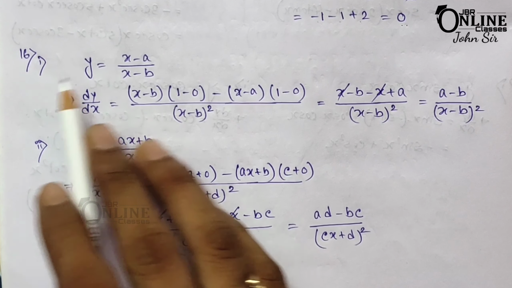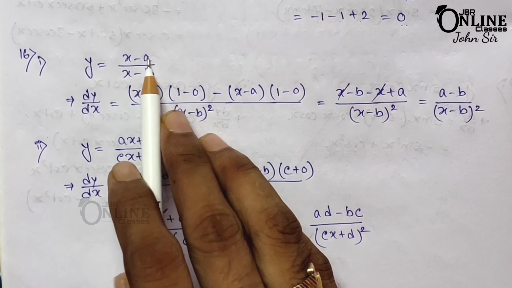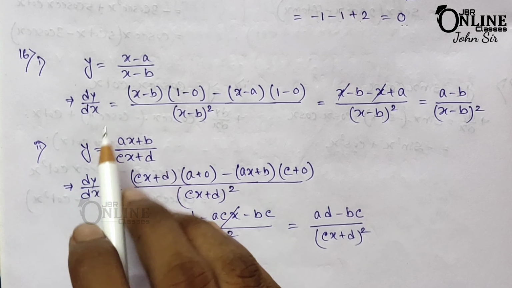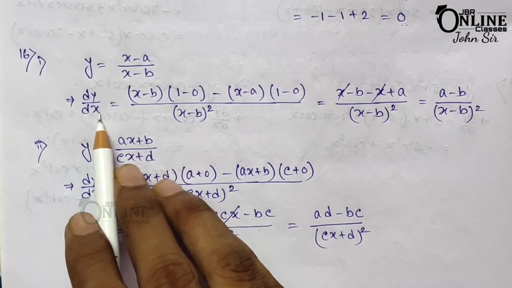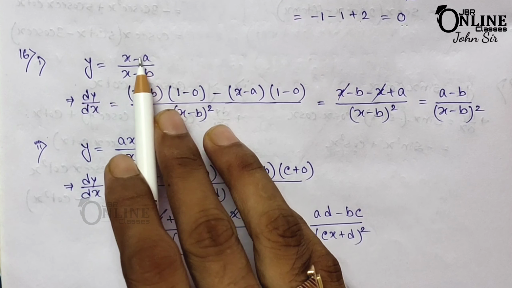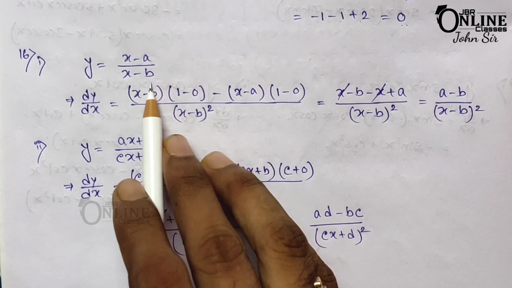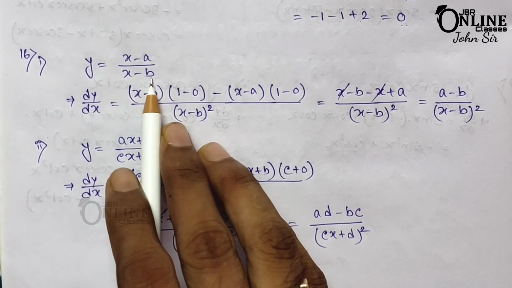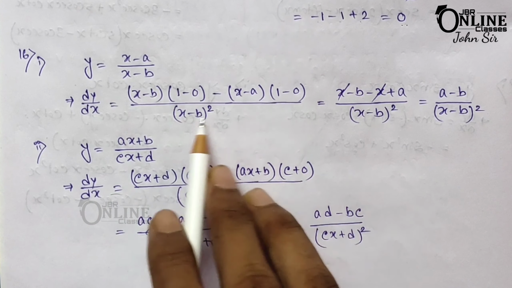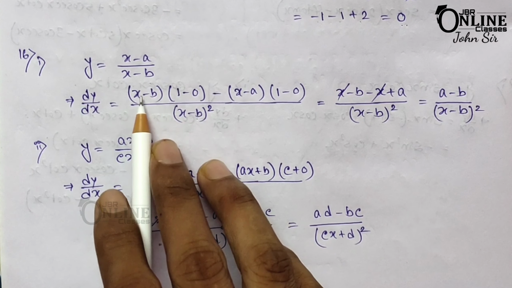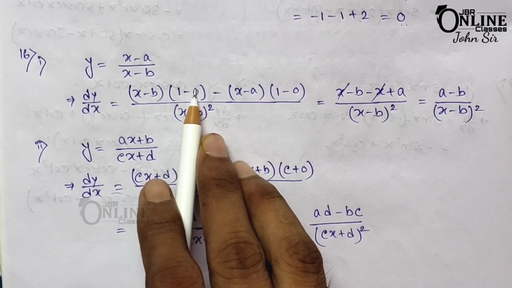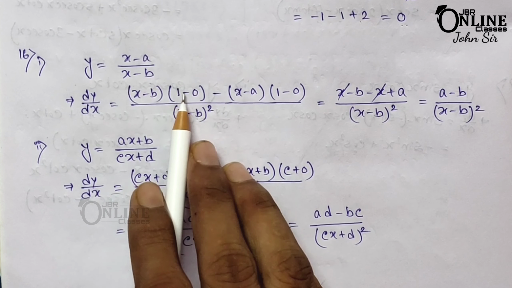Now sum number 16. Here the given function is x minus a by x minus b, and you have to find out the derivative of this one. Okay, so here differentiate with respect to x, dy dx. So here you can apply the u by v formula. As this one is u, this one is v, so you know the formula. First you write down the v square here, and then here v into d dx of u, that means the derivative of the upper one.